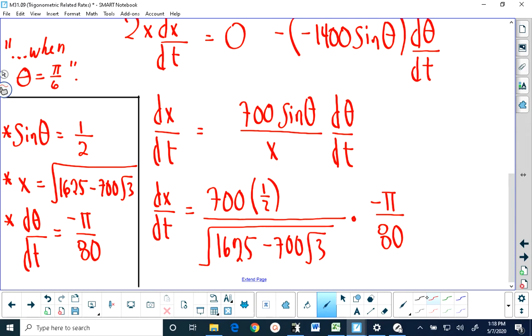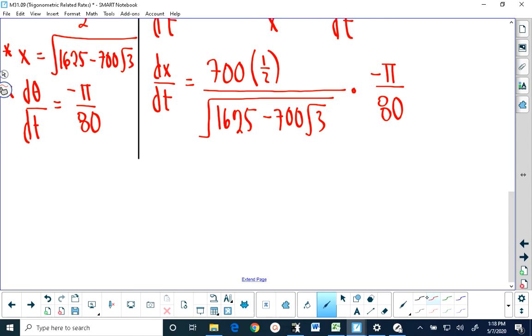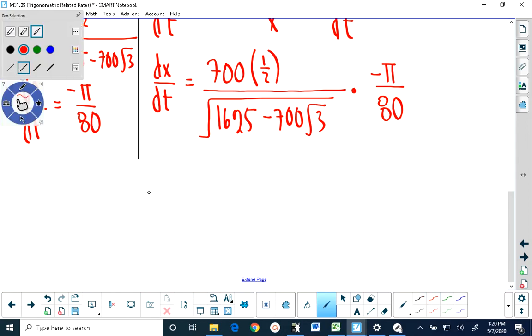And now we can simplify that. I'm not going to worry about rationalizing that denominator or even worrying about what that radical can be simplified into. I really don't care.